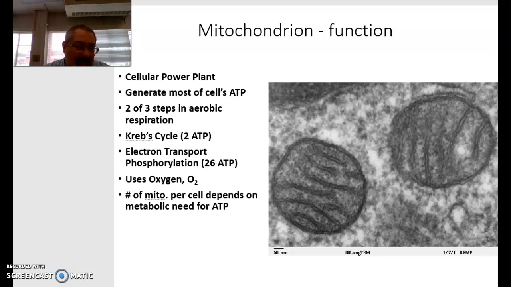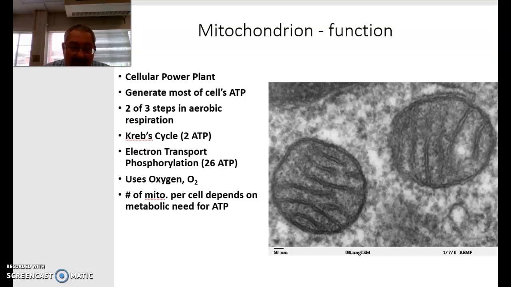The majority, 90% or so, of the cell's ATP is produced by a mitochondrion. You see two mitochondria in the photograph from a transmission electron microscope. That's from liver tissue. When we talk about aerobic or cellular respiration in the next video, we will talk about the Krebs cycle and electron transport chain, or phosphorylation, that generate the majority of ATP that's produced as organic molecules like sugars and lipids are oxidized by respiration.